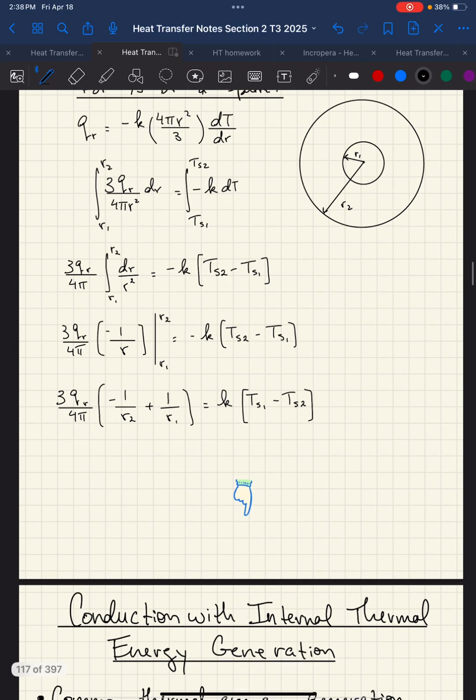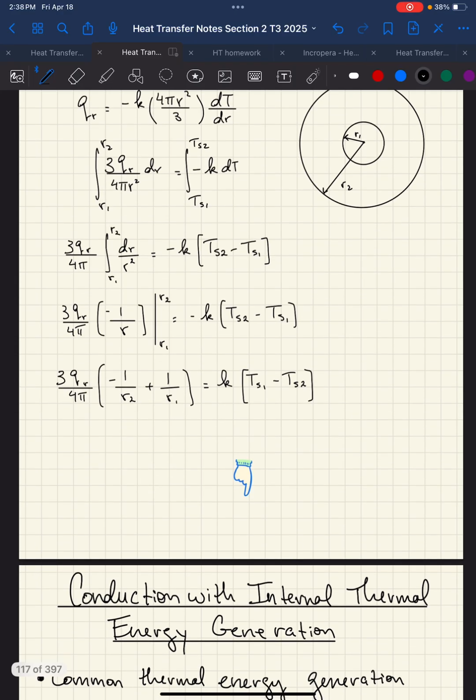All right, I'm going to write this one more time, and in fact, I'm going to just solve for Q. If I solve for Q, let me move this away. It's kind of in my way right now. So I'm going to get here 4 pi k over 3.